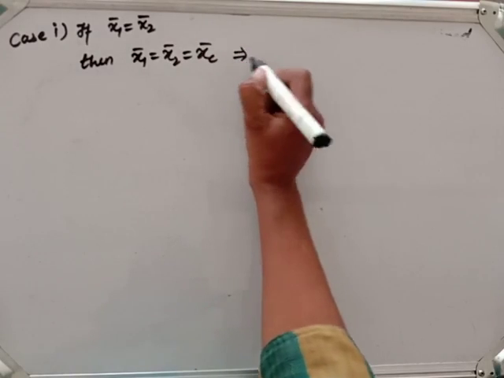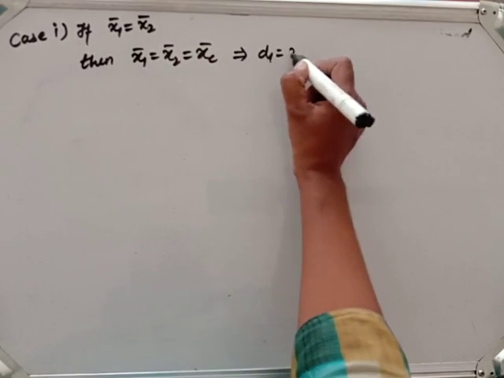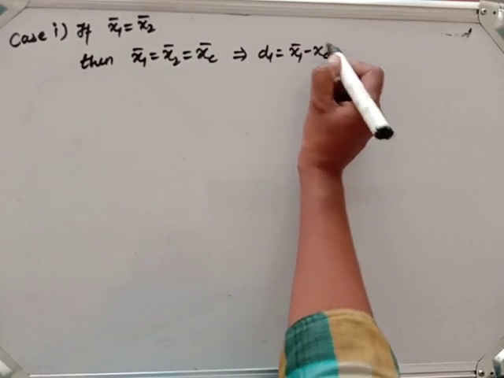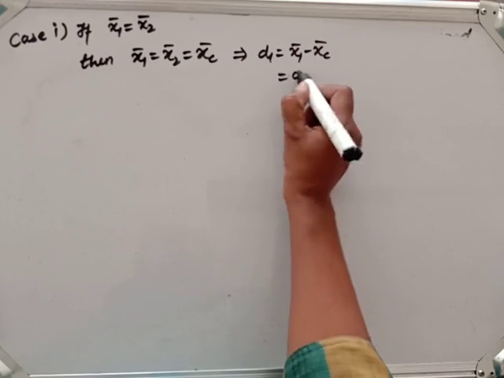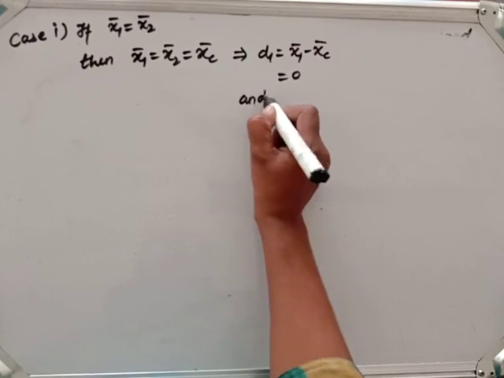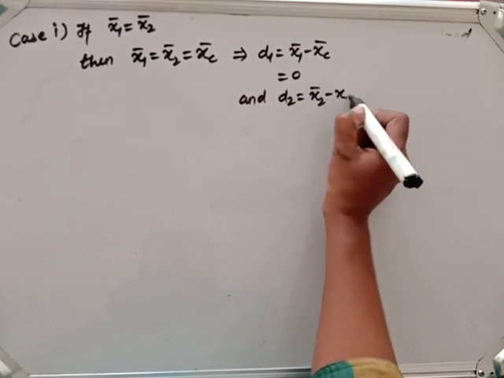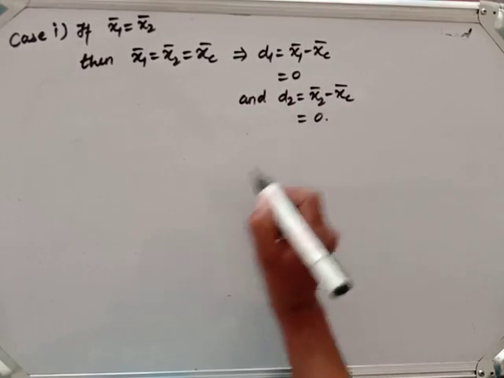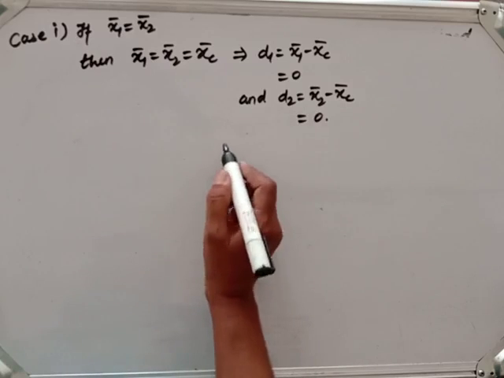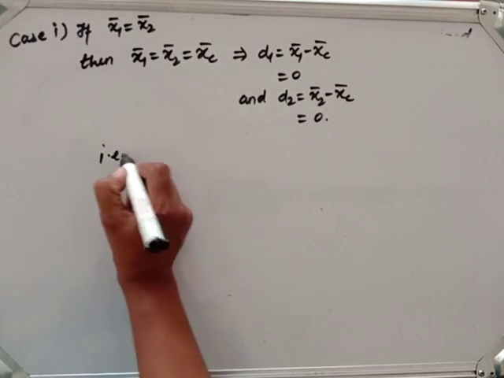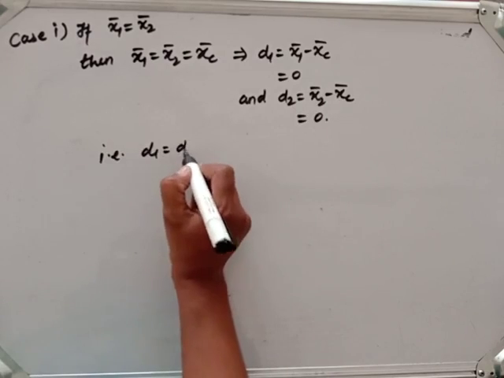And if the combined mean is the same, what is d1? d1 is x1 bar minus xc bar. If these are equal, then d1 becomes 0. Similarly, d2 also becomes 0. It is x2 bar minus xc bar, so that also becomes 0.